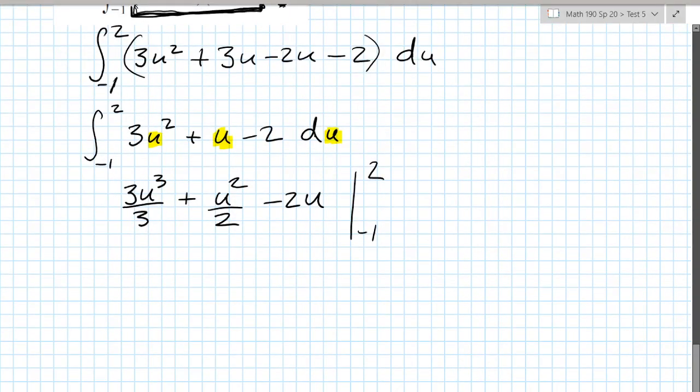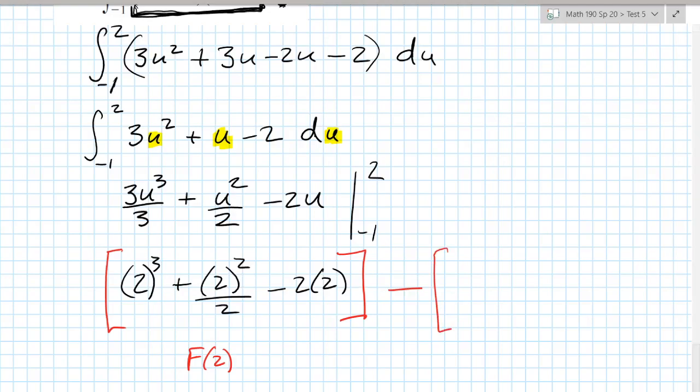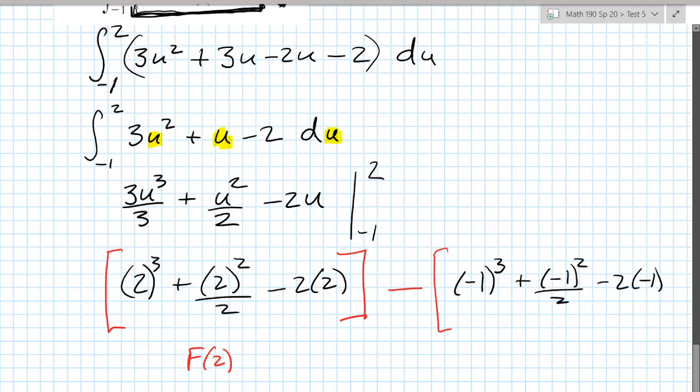So here I've got 2 cubed plus 2 squared over 2 minus 2 times 2. All of this is big F of 2, right? Minus negative 1 cubed plus negative 1 squared over 2 minus 2 times negative 1.